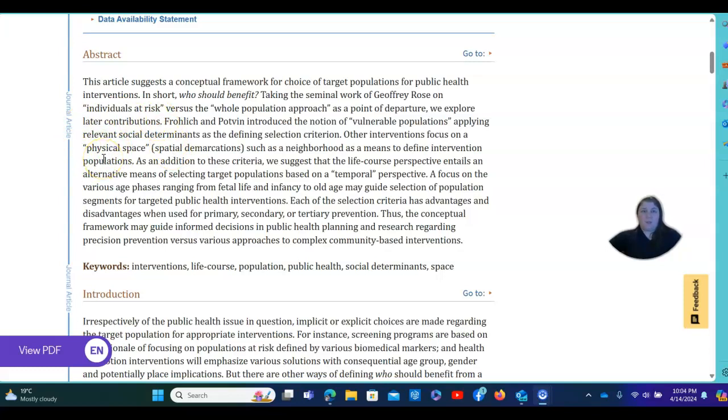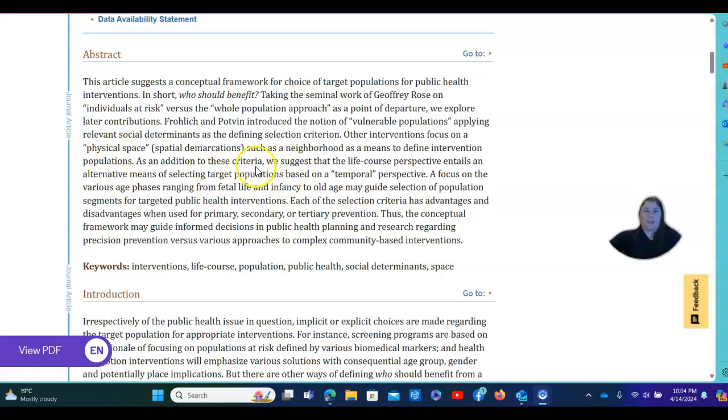You could focus in on a location, so concepts like food deserts or health insurance deserts, those are areas where residents don't have access to something based on where they live. So there might be spatial demarcations that would provide that parameter for your target population.